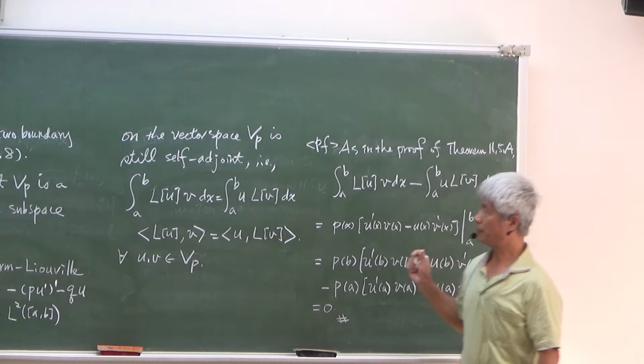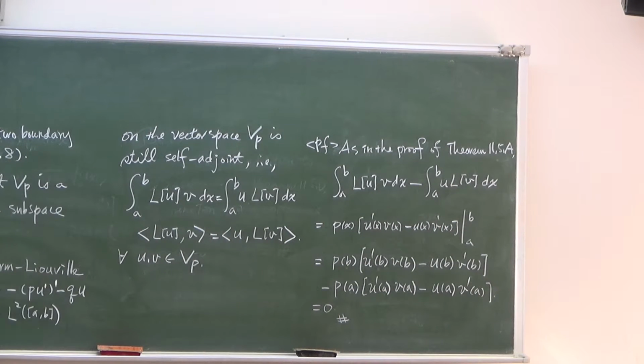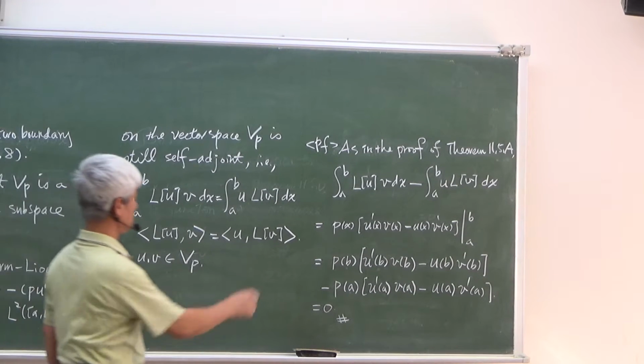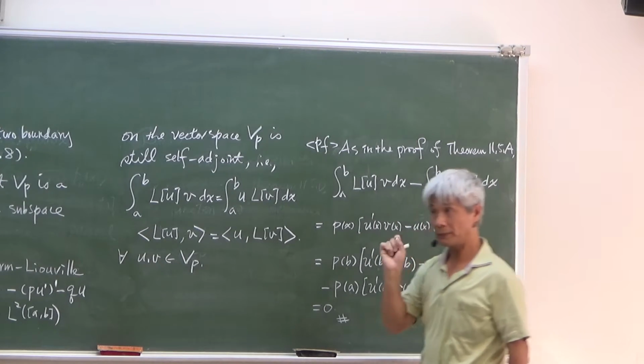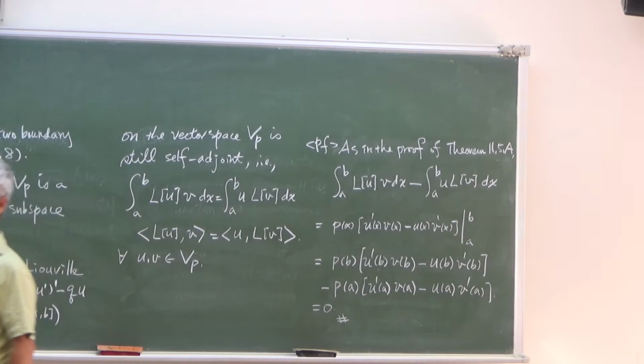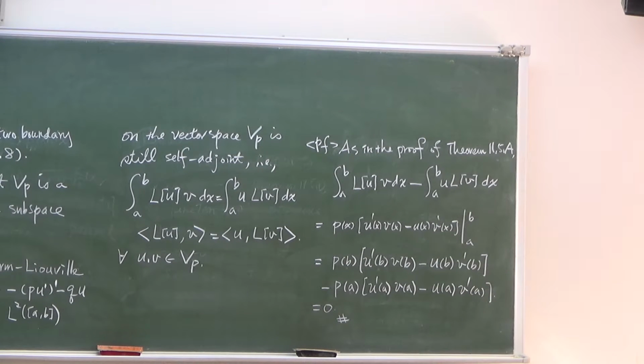So for the periodic Sturm-Liouville problem, we still have the self-adjoint property, and the self-adjoint property is the most essential property we need to justify the orthogonality principle as well as the series expansion.